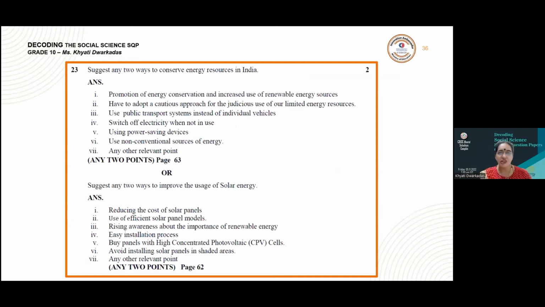Question 23 suggests 2 ways to conserve energy resources in India. Now here they are very particular. 2 ways are requested. Only 2 ways, 2 points, 2 marks. And again, optional, suggests 2 ways to improve usage of solar energy. Once again, 2 ways, 2 points, 2 marks.